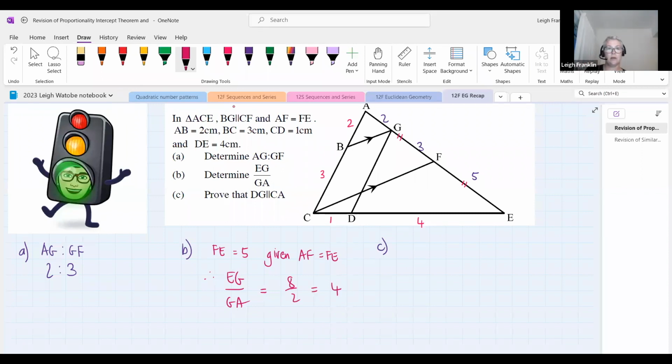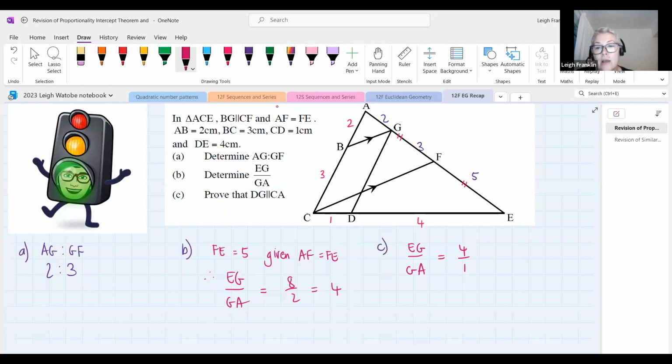Hopefully you guys are getting the same answers that I'm getting over here. And then the last one, very quickly. They want us to prove that DG is parallel to CA. Using the converse proportionality intercept theorem, we would say EG over GA we know is equal to 4, which is 4 over 1.